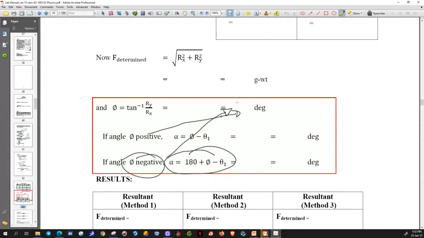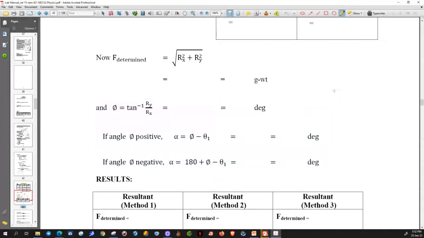That means to find the angle alpha, you have to check the condition of phi. In the graph, you will actually know if phi is positive or negative. Let me show you how. This is T1. This is T2. And this is our T2 prime. And this is our R. And I'm making an exaggeration, okay?